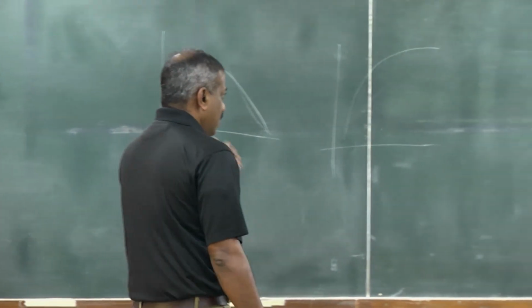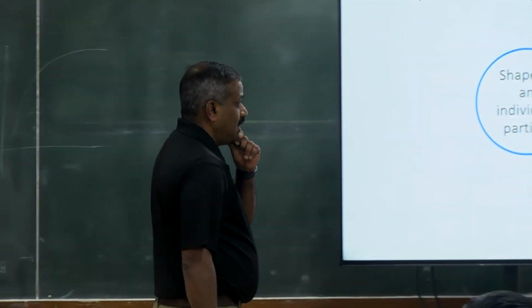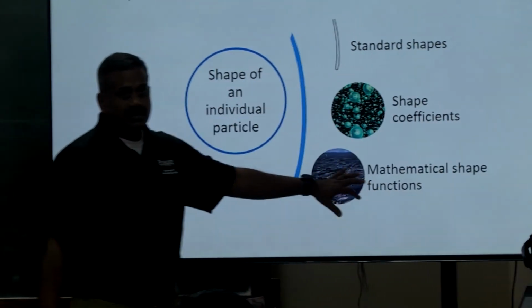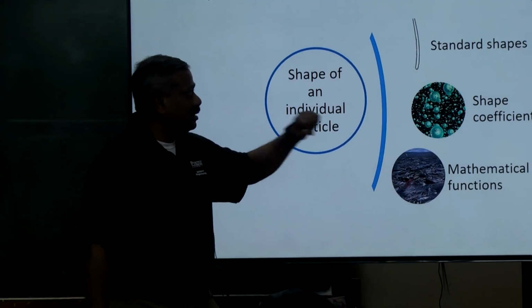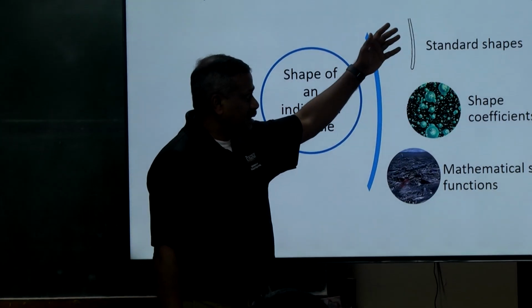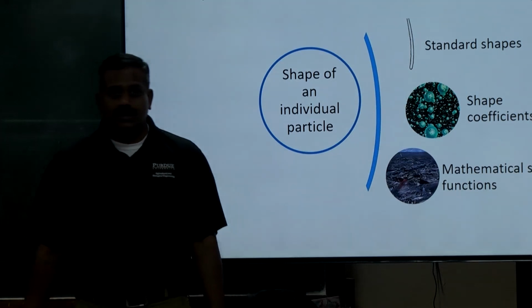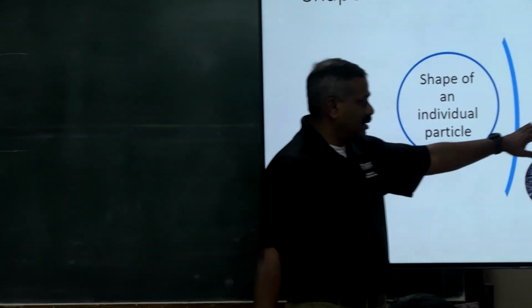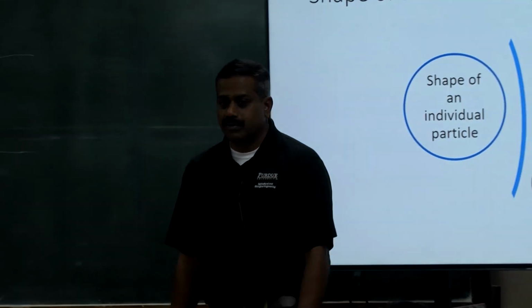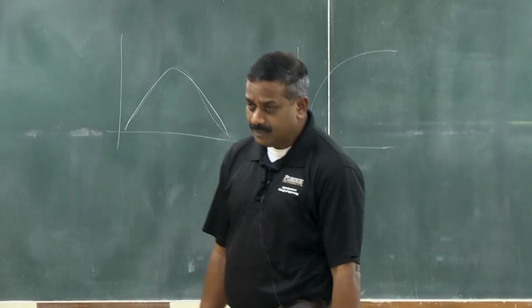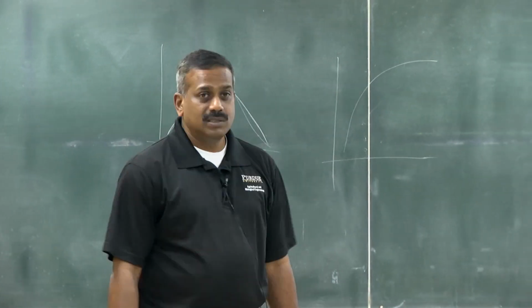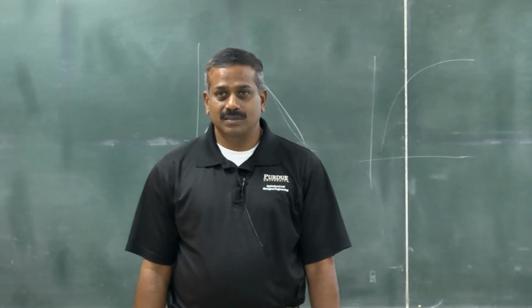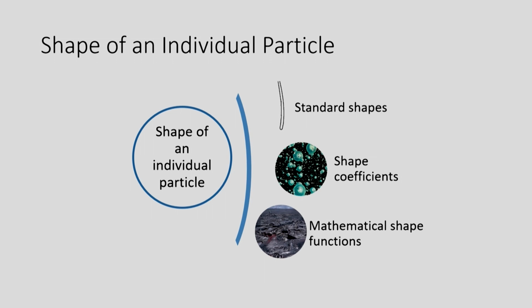Okay, so if you are characterizing shape, in general, try to characterize into three different types: standard shapes like sphere, circle, etc.; shape coefficients; and mathematical shape functions. We'll go through some of those. Can anyone name one shape coefficient that we always calculate? I just talked about it. Sphericity, okay.